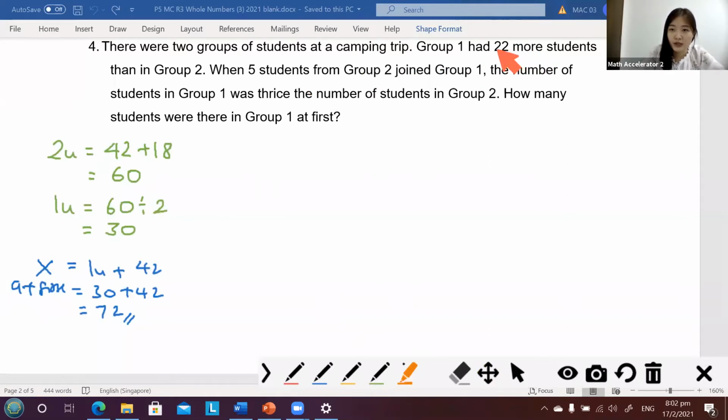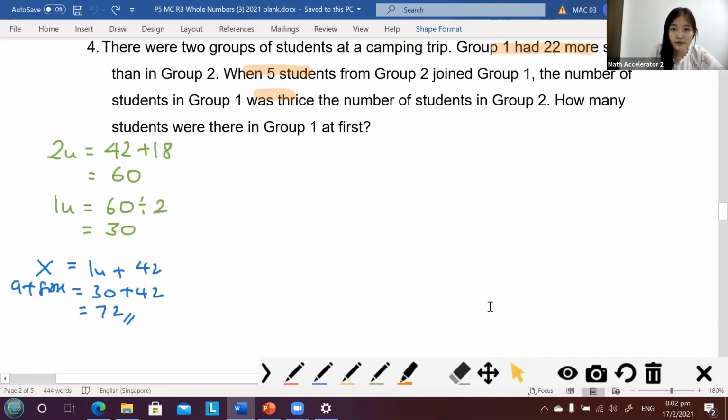Group 1 had 22 more students than Group 2. So this is the model, 22 more. When 5 students from Group 2 joined Group 1, so 5 transferred from 2 to 1, the number of students in Group 1 was twice the number of students in Group 2. How many students were there in Group 1 at first?